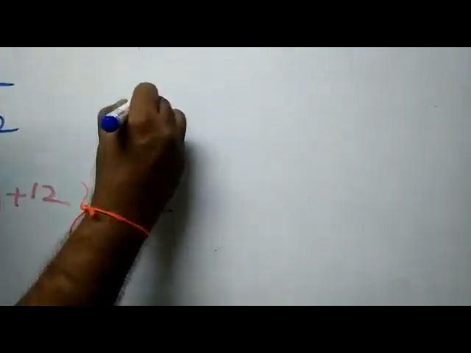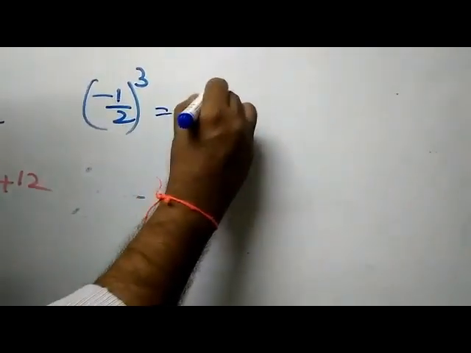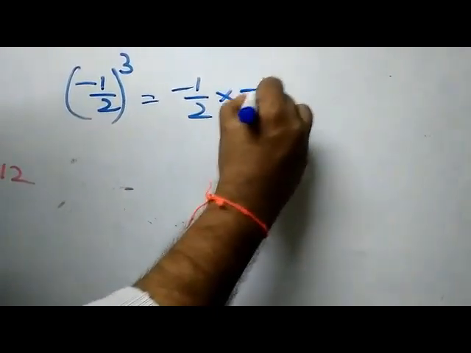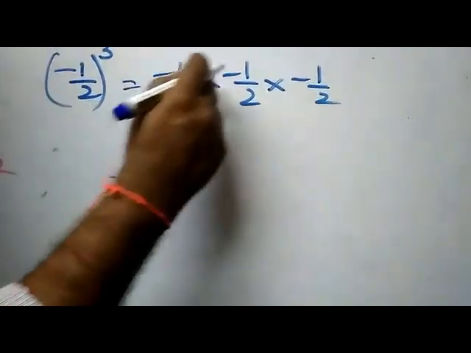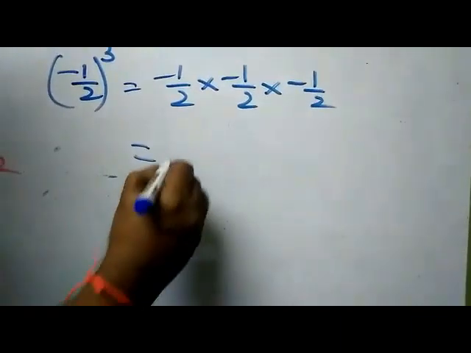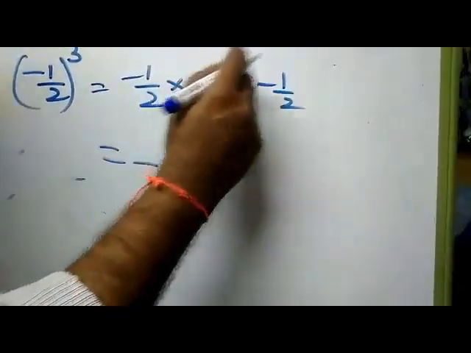I'll simplify here. Minus 1 by 2 whole cube is equal to minus 1 by 2 into minus 1 by 2 into minus 1 by 2. Minus into minus plus, plus into minus minus. So numerators you multiply 1 into 1 into 1.